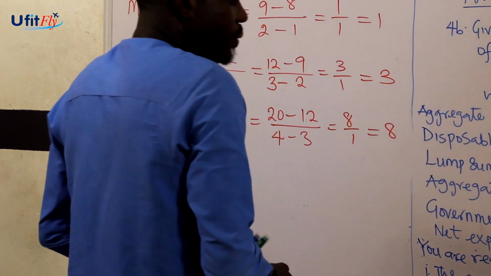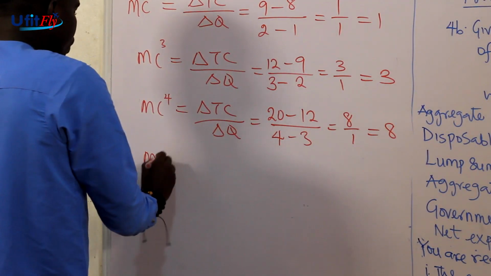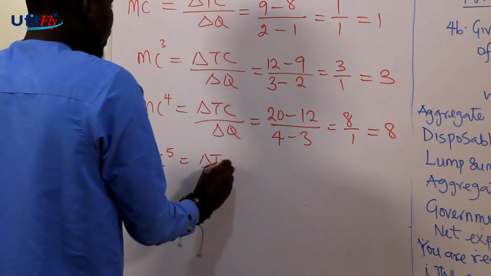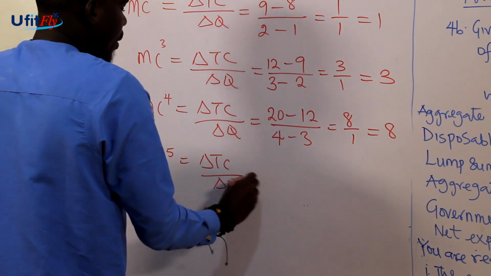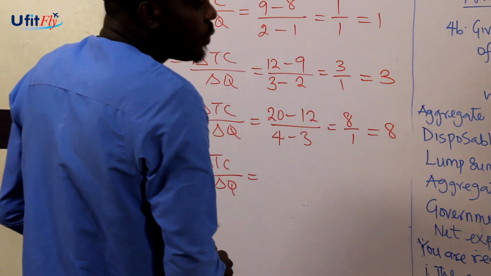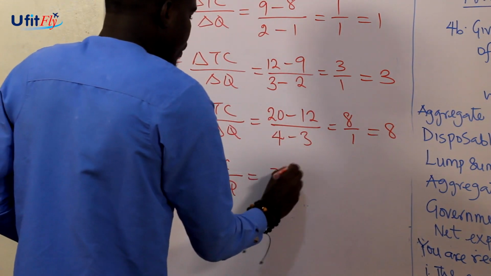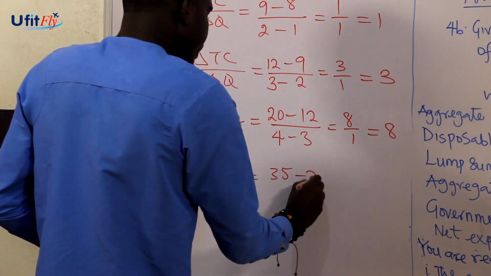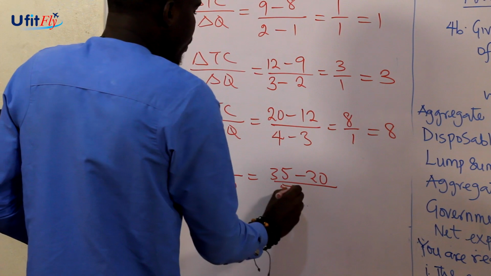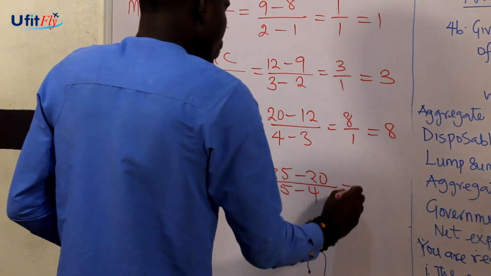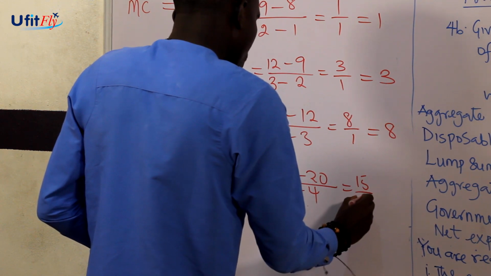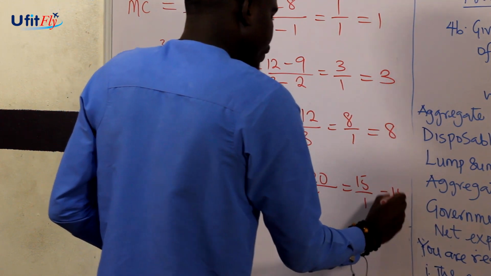At output 5, using the same formula, the total cost at output 5 is 35. The initial cost at output 5 is 20. Divide 5 minus 4. We have 15 divide 1, 15.